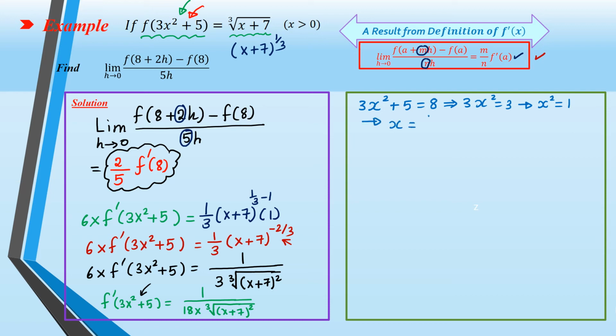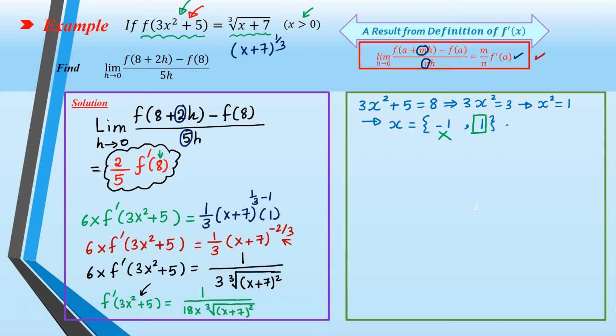The first value is -1 and the second value is 1. Now, -1 is rejected. Why? Because we have the domain x greater than 0. Because -1 is not greater than 0, you only have to replace x equals 1 to get 8 inside.